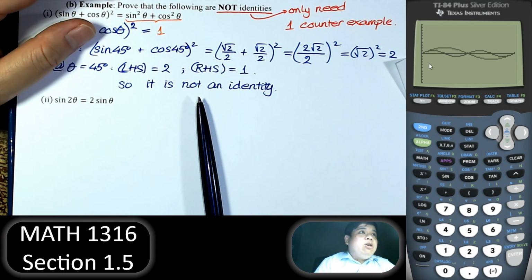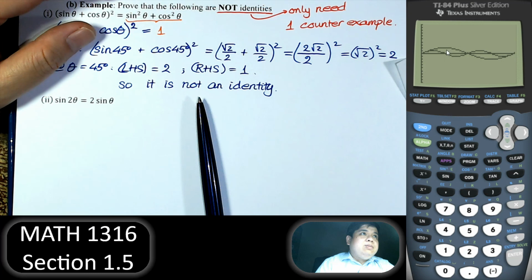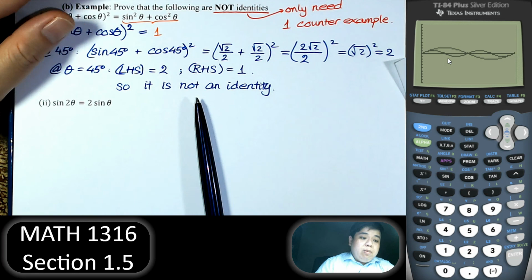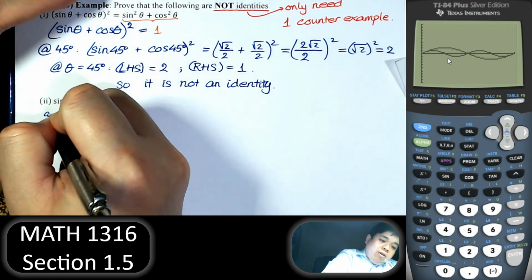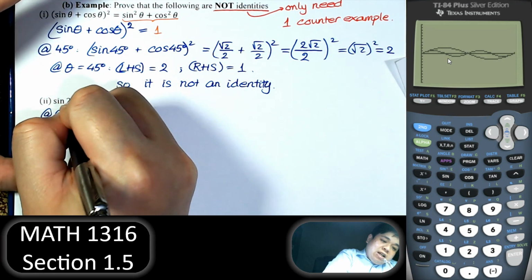So what you see, the graphs are not the same, except for those points. But here, that's 90 degrees, right? Yeah. So the increment is 90 degrees. So we just find a counterexample at 90 degrees.